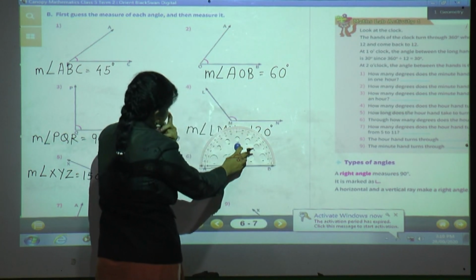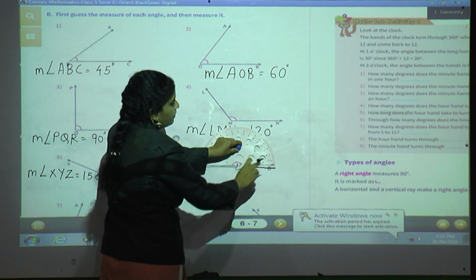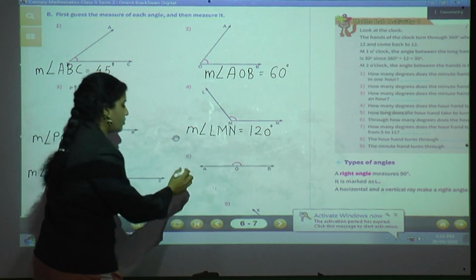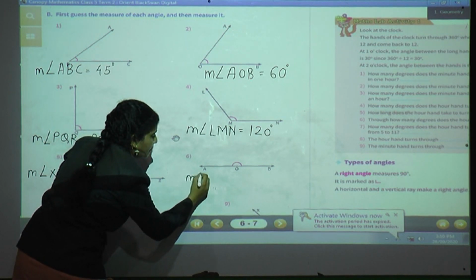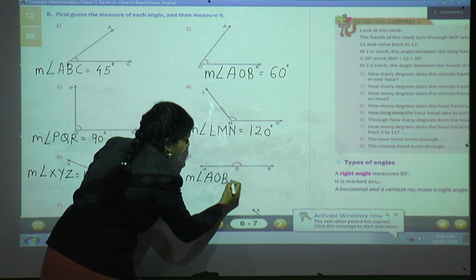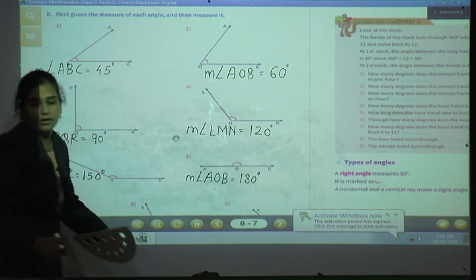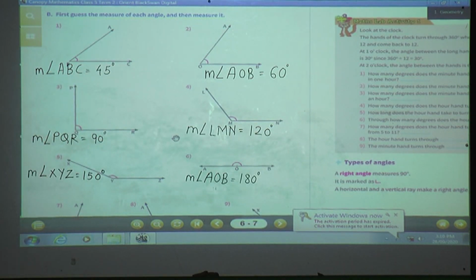So it starts with 0 and ends with 180 degree. So you can write measure angle AOB is equal to 180 degree.